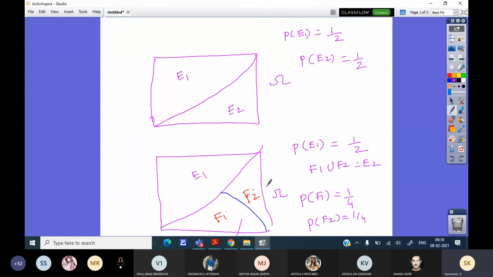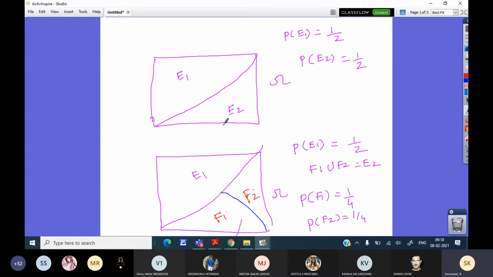By dividing E2 into two sub-events, I know the sub-event probability of F1 is 1 by 4, and for F2 it is also 1 by 4. So I should divide this 1 by 4 by the probability of E2. Why divide by E2?